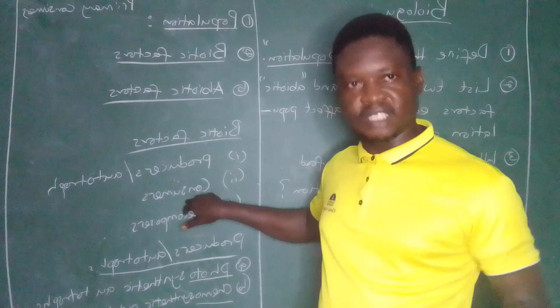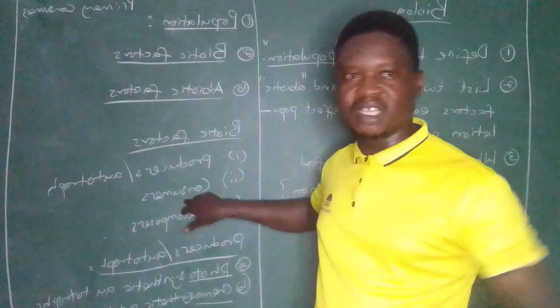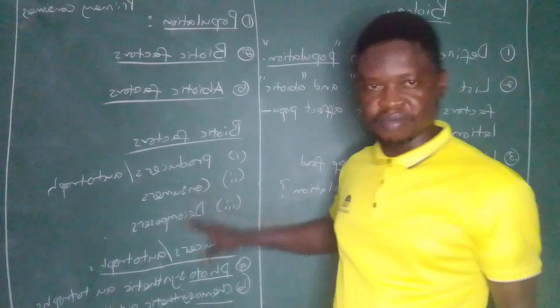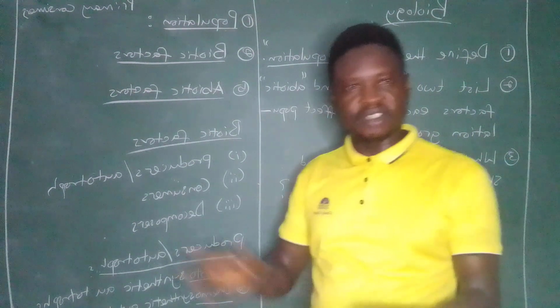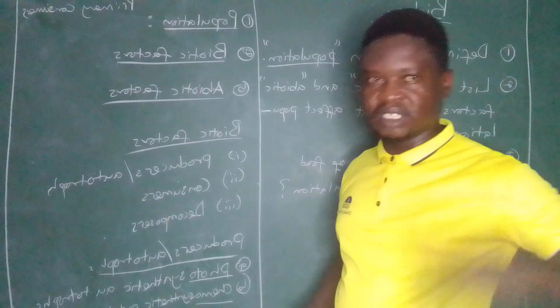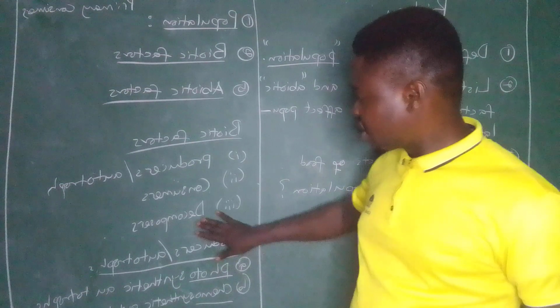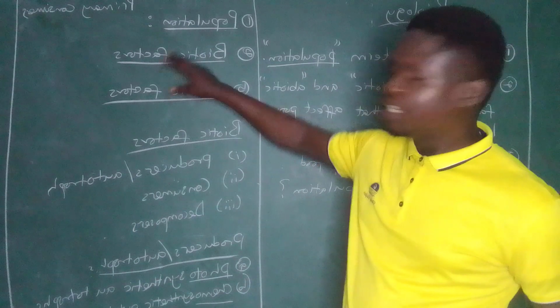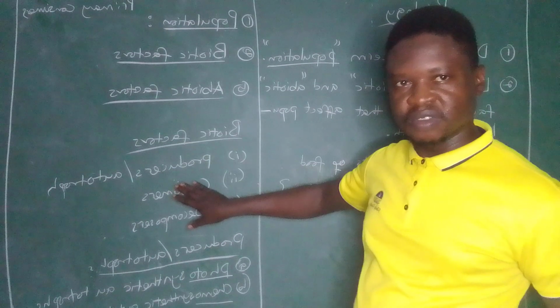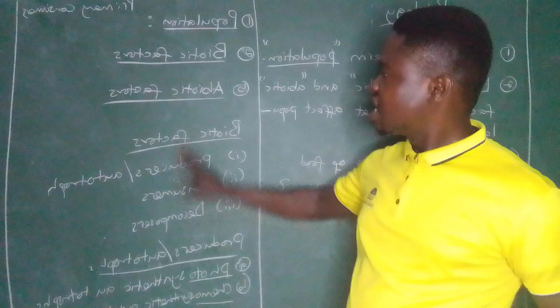The food is passed, the energy is passed towards the consumer and the cycle continues. So their function is to what? Break down the remains of dead organisms to produce what? Manure or fertilizer.